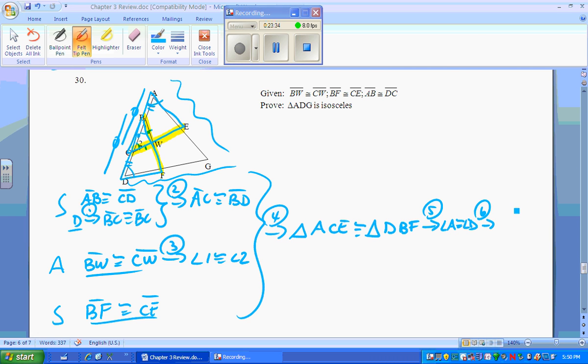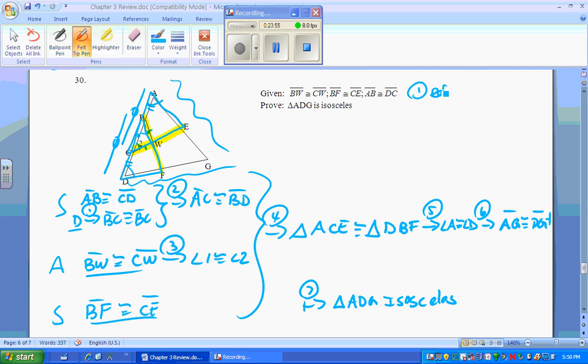We're up to reason 6. AG is congruent to DG. We ran out of room, but if those two are congruent, we get reason 7: triangle ADG is isosceles.